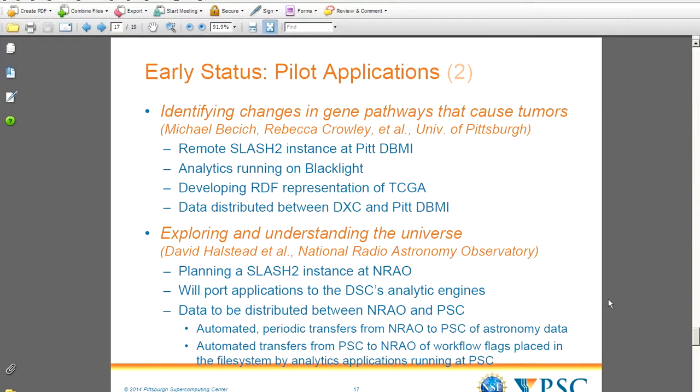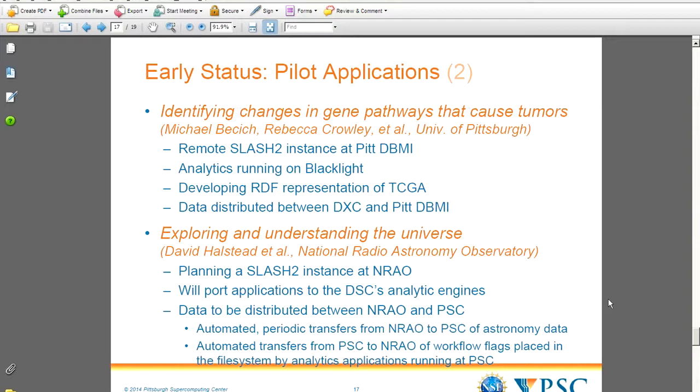Slide 17, please. The group at Pitt DBMI, who is looking at gene pathways underlying tumors, also has /2 running. They are using that to stage data from San Diego to Pitt. And from Pitt, they're doing things on both Sherlock, where they have an RDF representation of the Cancer Genome Atlas, and also doing other analyses on Blacklight. The NRAO project for radio astronomy, we're just starting to spin up.